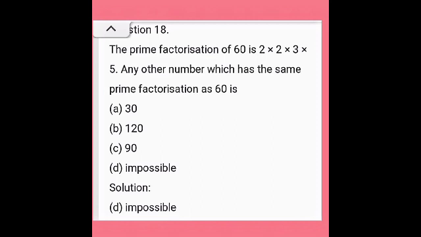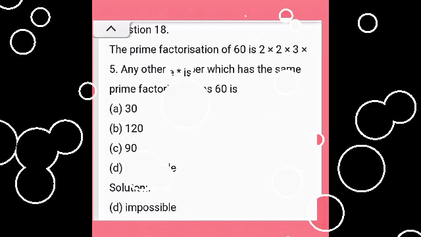If you add another factor, or multiply only 2 into 2 into 3, the number is different. With these factors, the number is only 60. So this is not applicable for any other number. So the answer for this objective type question is impossible.